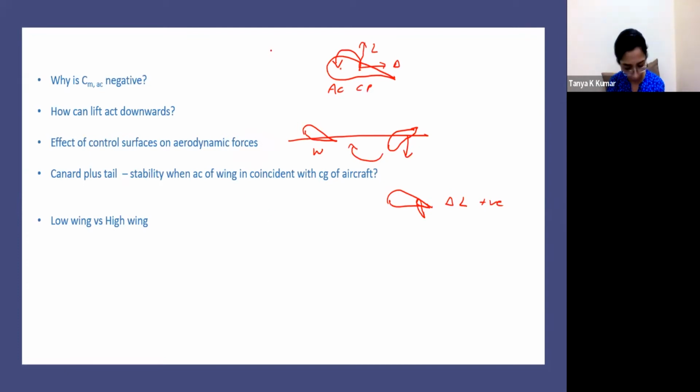Now we know the contribution of the tail towards stability: alpha tail, is what? Eta VH CL alpha tail into 1 minus, what was the term here?